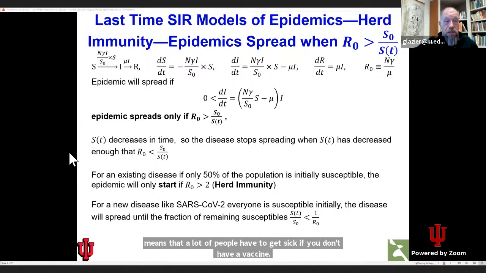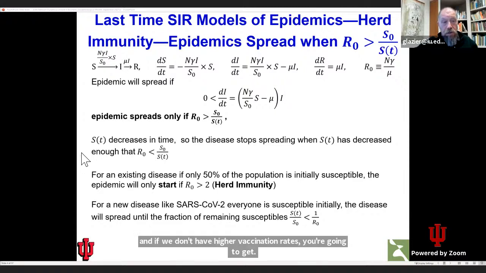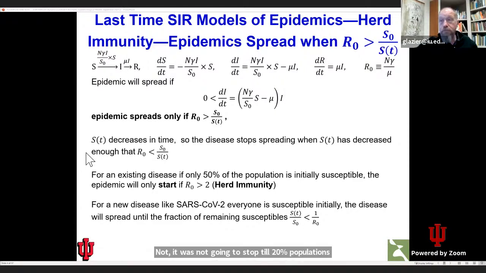If we look at the immunization rate in the United States of 60%, that means that something like 20% of the population has to get the disease before we reach herd immunity. And unfortunately, that will happen. The disease isn't going to go away without stronger social distancing measures. And therefore, if we don't have higher vaccination rates, it is not going to stop till 20% of the population has gotten it.